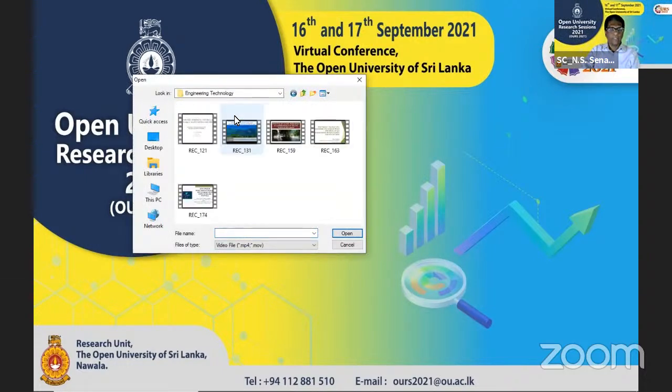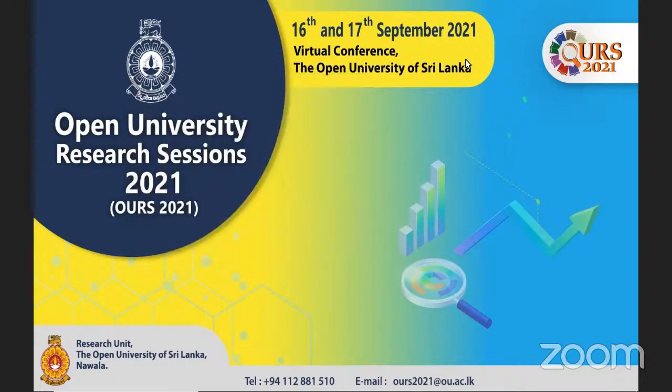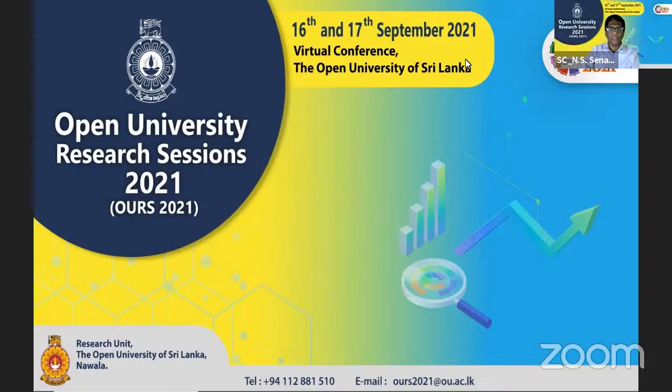Good morning to everyone again, and welcome to session 3 of ours 2021. This is session number 4, Engineering and Technology. Now we have 5 presentations scheduled in this session. Shall we go to the first one?